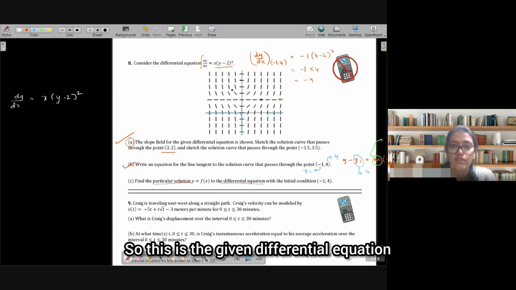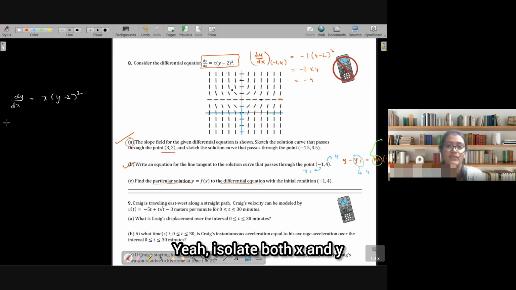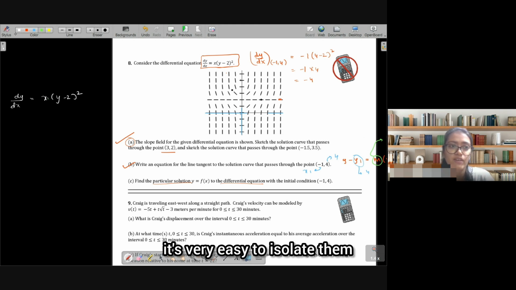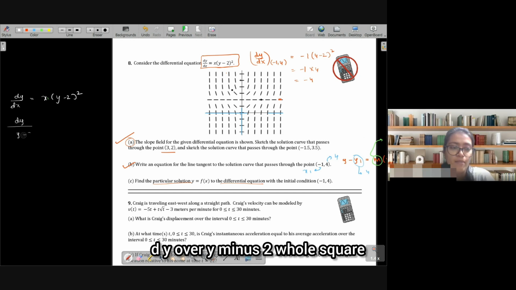So this is the given differential equation. So you would isolate both x and y. Whenever you have a product of x and y terms, it's very easy to isolate them. So this will be dy over (y minus 2) whole square equals x dx.